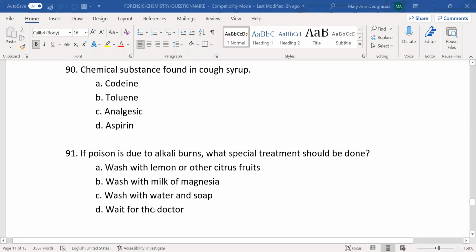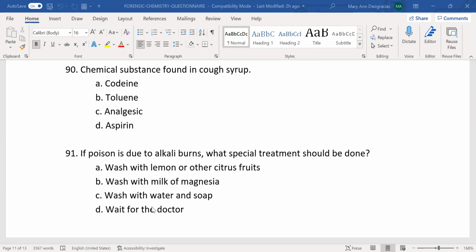Next, 91. If a poison is due to alkali burns, what special treatment should be done? A. Wash with lemon or other citrus fruits. B. Wash with milk of magnesia. C. Wash with water and soap. D. Wait for the doctor. Okay, ang alkali, guys, ay basic substances yan.